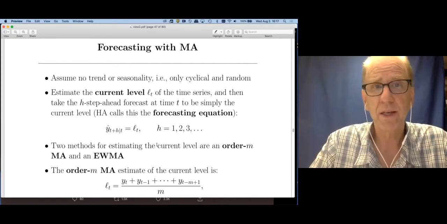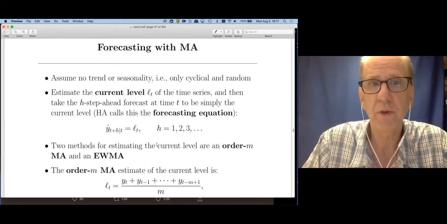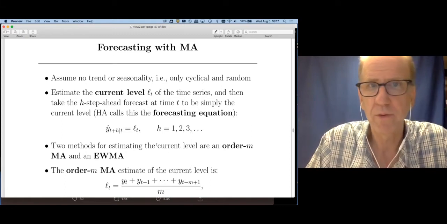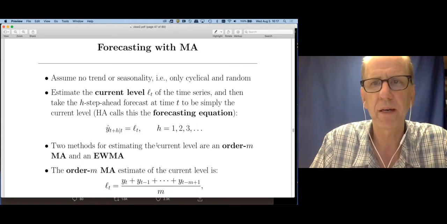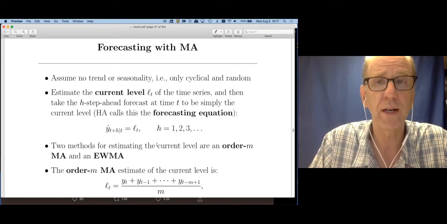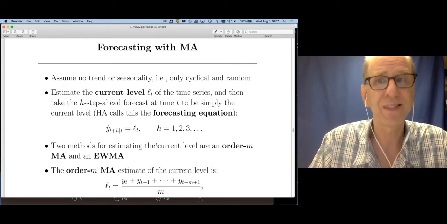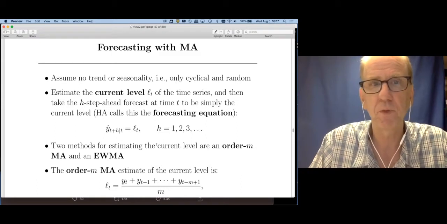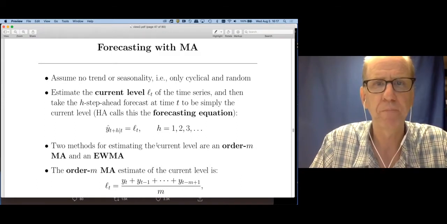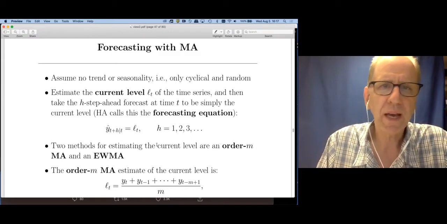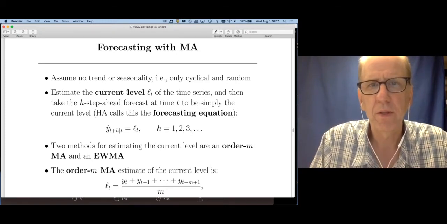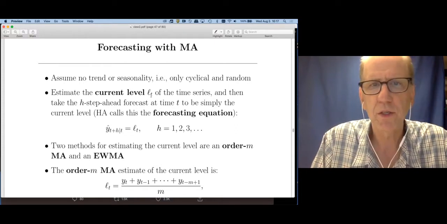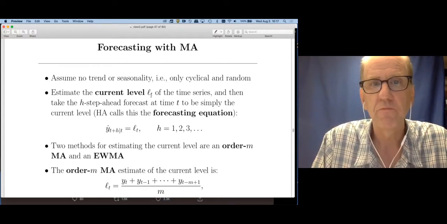So let's say that we have no trend and we have no seasonality. If we've got a trend or seasonality, we're going to have to use a more complicated method. So all we've got is something cyclical and random as well. So a notation that we're going to be using going forward is this script L at time t is going to denote the current level.